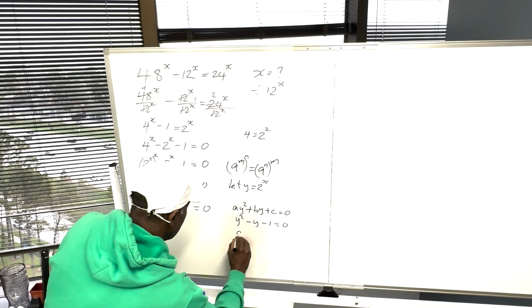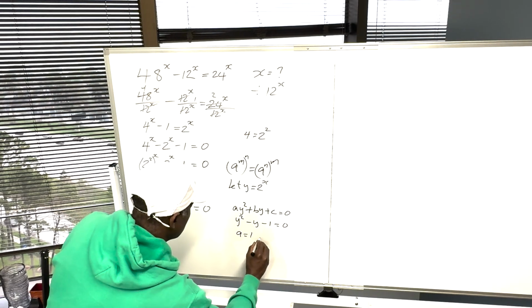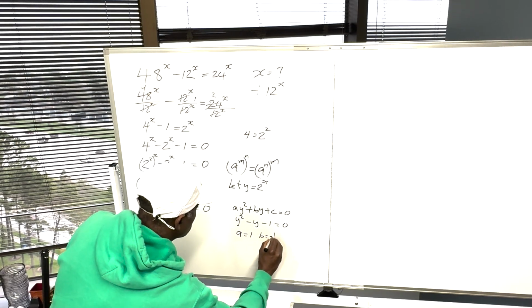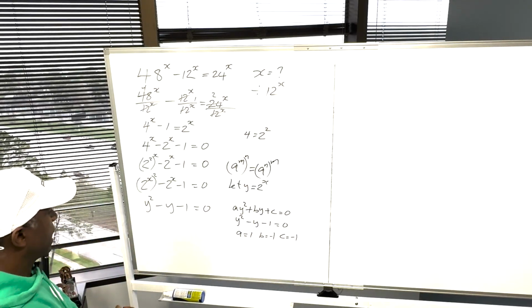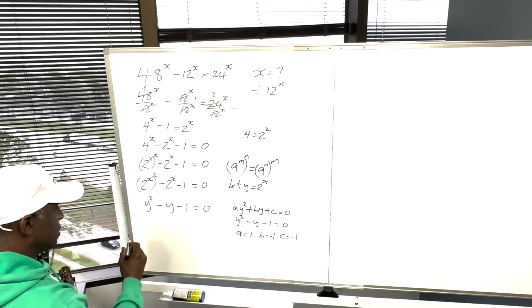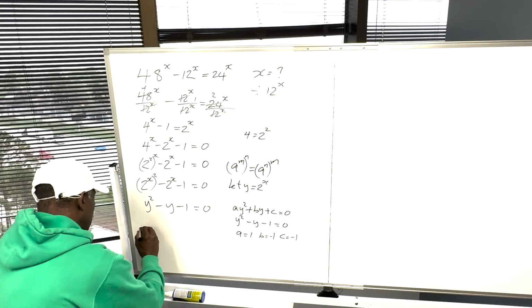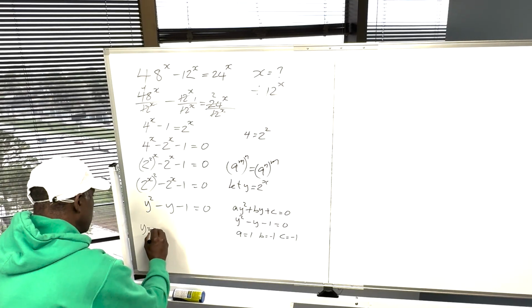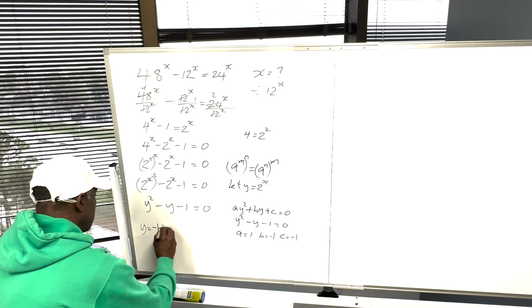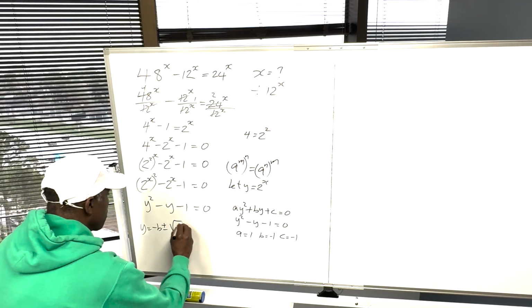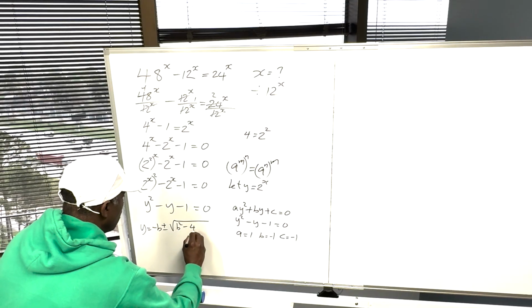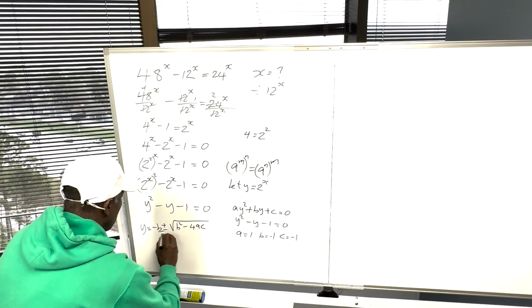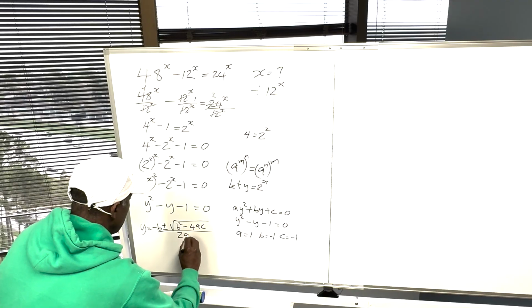We know that a is equal to 1, b is equal to minus 1, and c is equal to minus 1. We can say that y is equal to minus b plus or minus the square root of b squared minus 4ac over 2a.